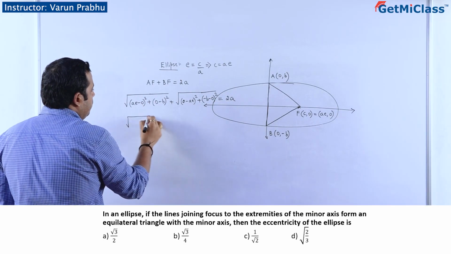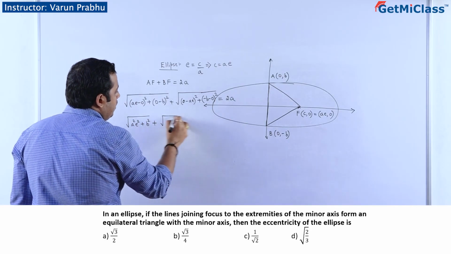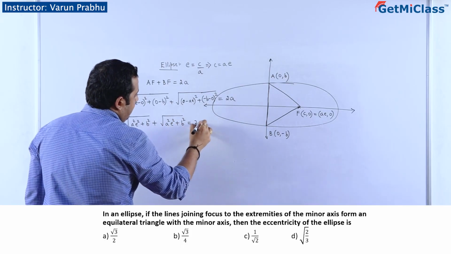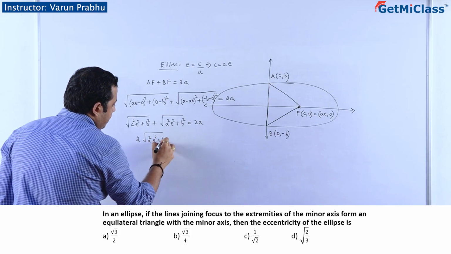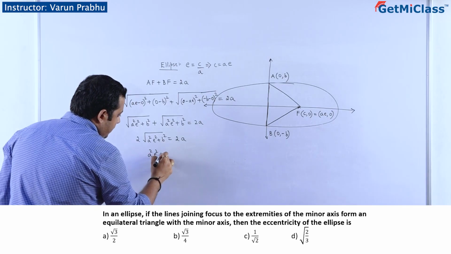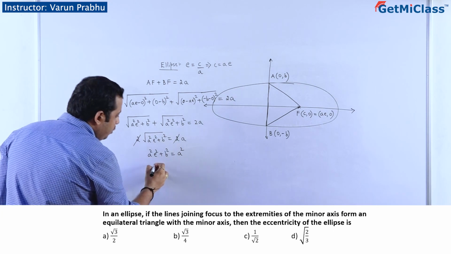So I can say square root of A square E square plus B square plus square root of A square E square plus B square, that is equal to 2A. So 2 times root of A square E square plus B square is equal to 2A. So A square E square plus B square is equal to A square. 2 and 2 get cancelled, square on both sides.